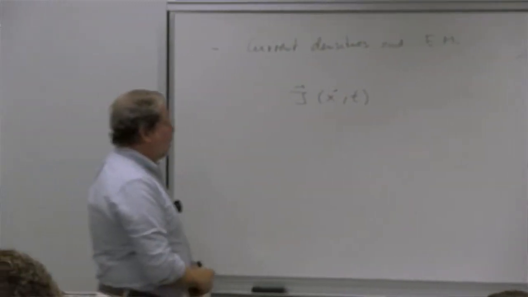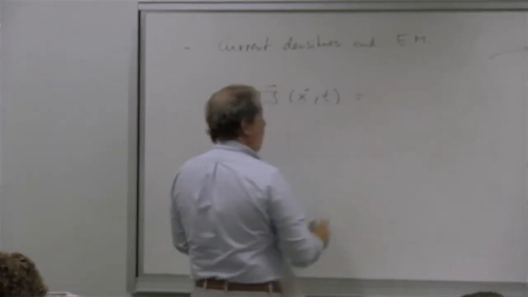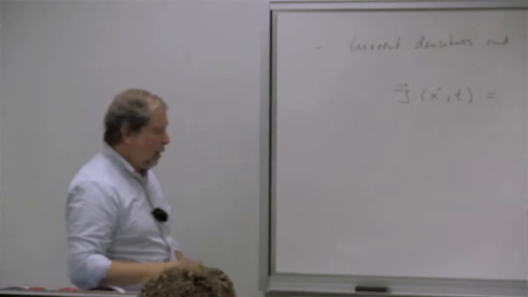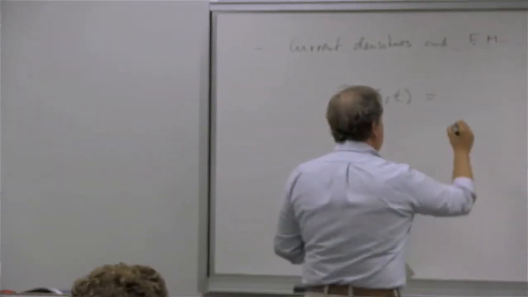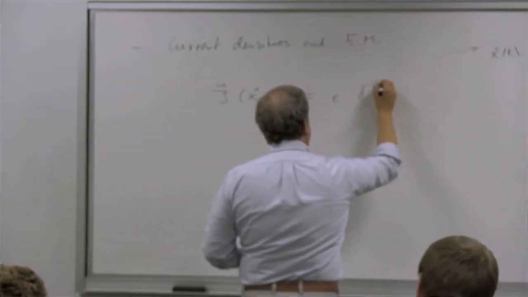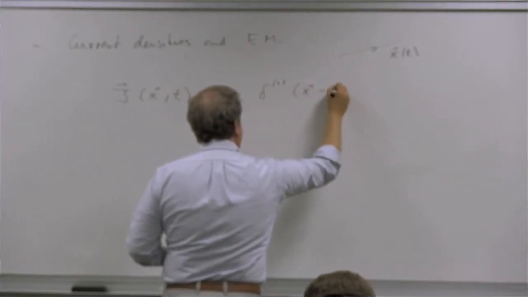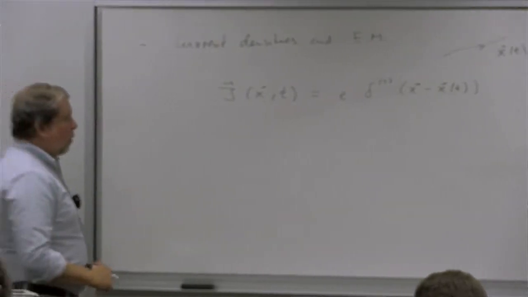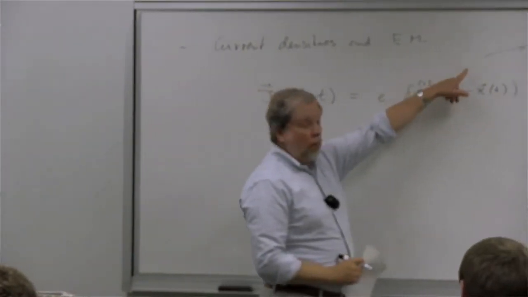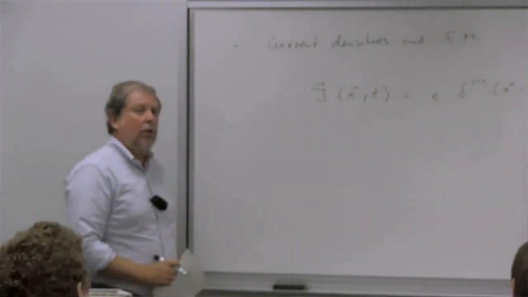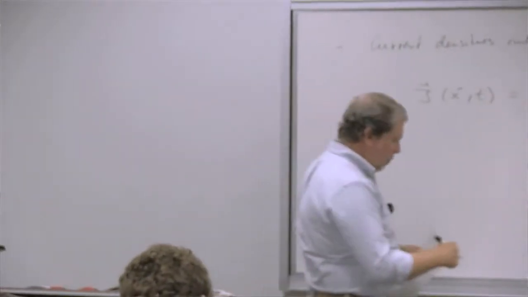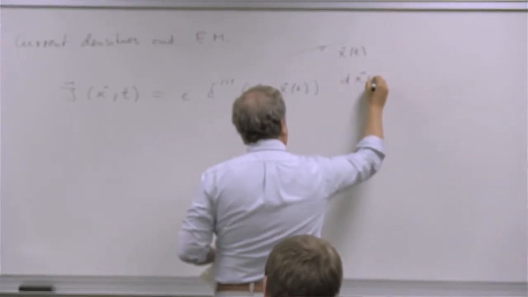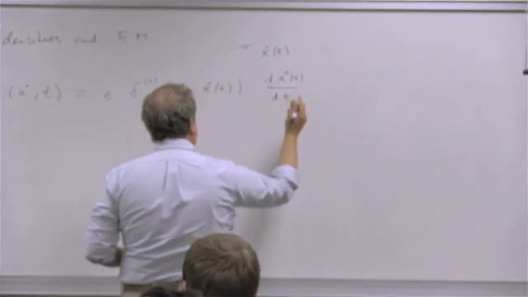And the current density, J of x,t, well, it's the charge times velocity, except here we're talking about the density, so there has to be a delta function somewhere. So it is e times delta 3 of x minus x of t. And so this current density is non-zero only along the path followed by the particle. And then times, of course, the velocity, so times dx of t along this trajectory over dt.